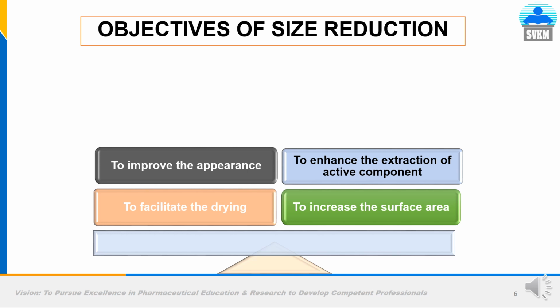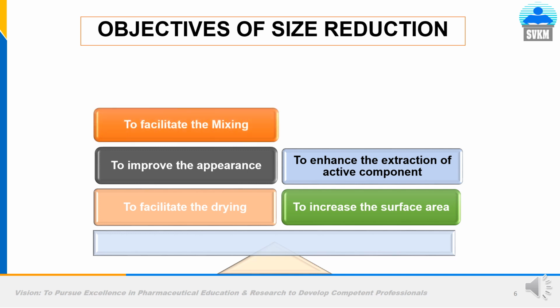The time required for extraction can be shortened. For example, with ginger, when we compare a piece of ginger and a powder of ginger, extraction from the powder will take place to the maximum and faster.